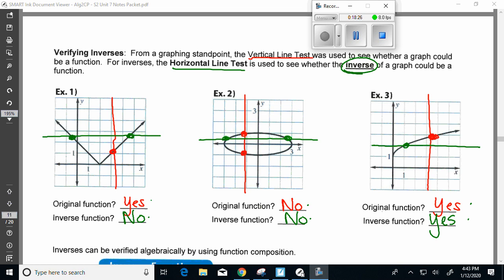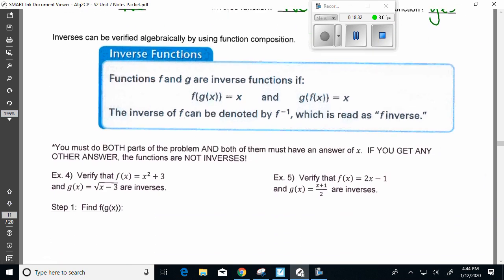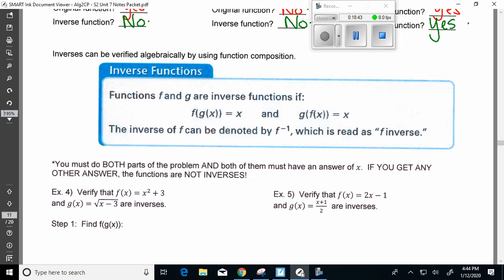So the last thing that we're going to look at is how do you verify an inverse algebraically? Algebraically means we use function composition. Just to remind you, function composition is plugging one function into another.